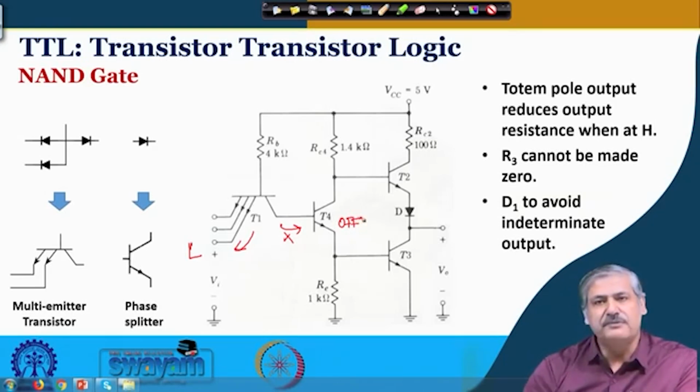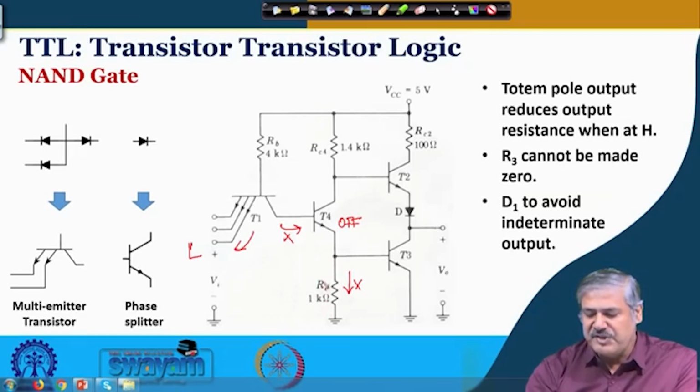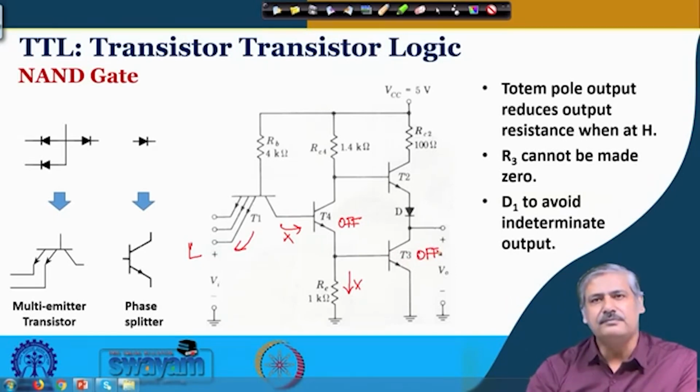So, when this is off, no current is flowing in this direction. When no current is flowing in this direction, there is no sufficient I into RE drop to turn on the base emitter junction of this transistor T3. So, T3 is also off. Is it clear?